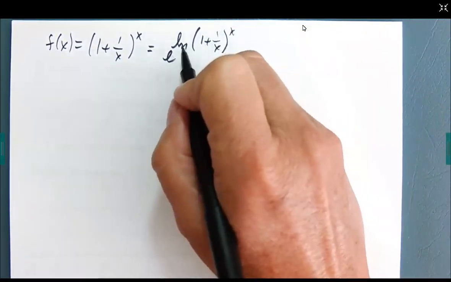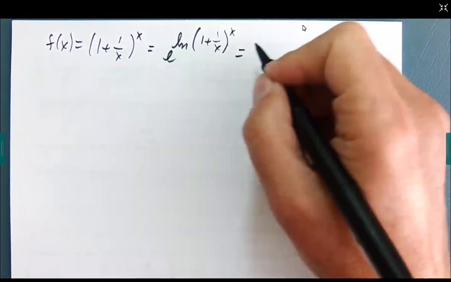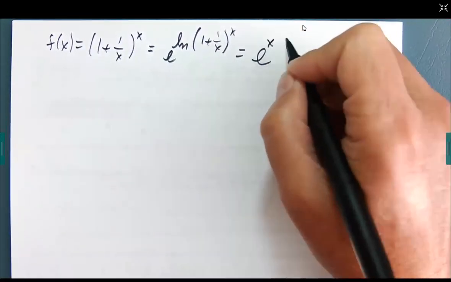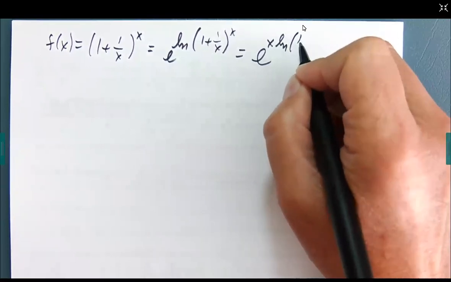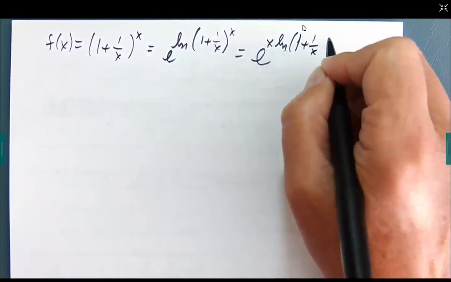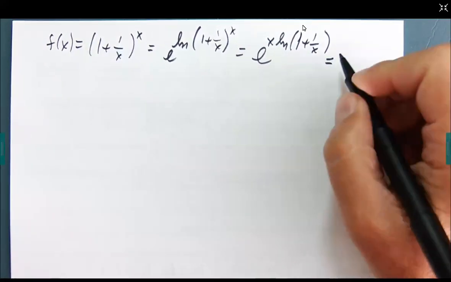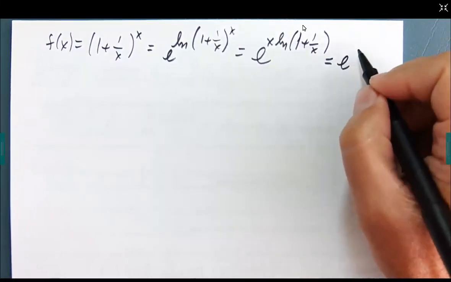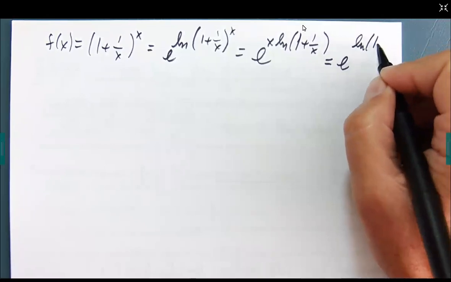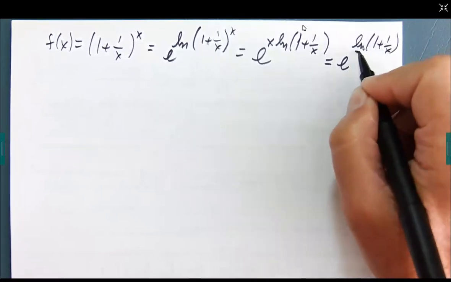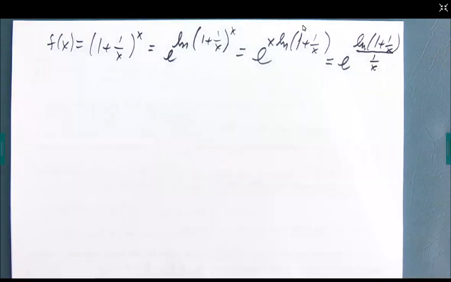Now, again, those cancel out. I'm back to here. And I'm going to do this. And I'm going to further do this. Now, why on earth would I do that? Well, what I'm going to do is I'm going to take the limit.